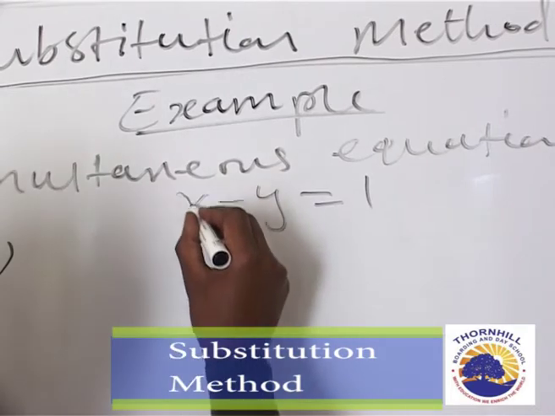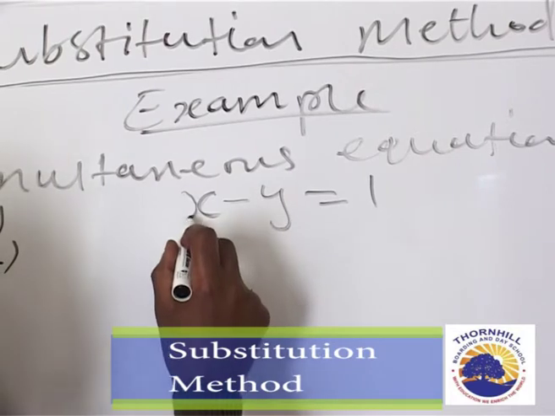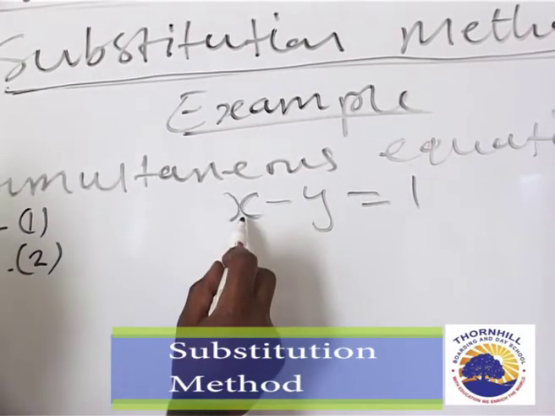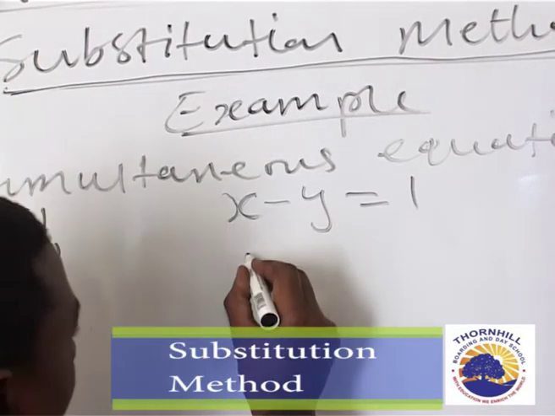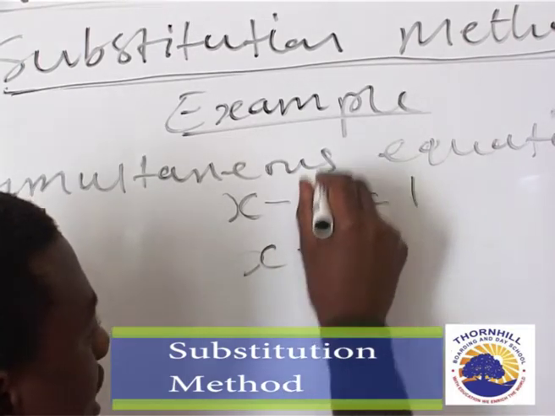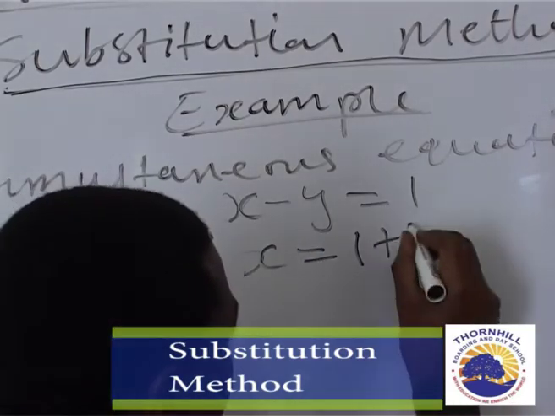Now, under equation 1, we're going to make x the subject of the formula. So, since we want to make x the subject of the formula, what we're going to do is say x is equal to 1. This y will go on the other side of the equation, it will become positive y, so x is equal to 1 plus y.